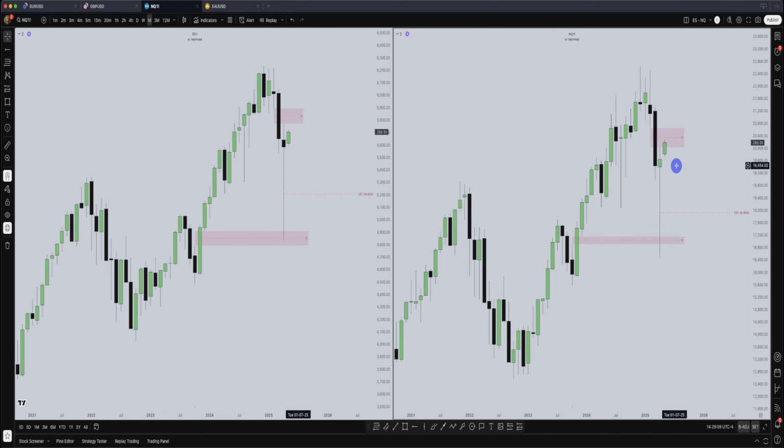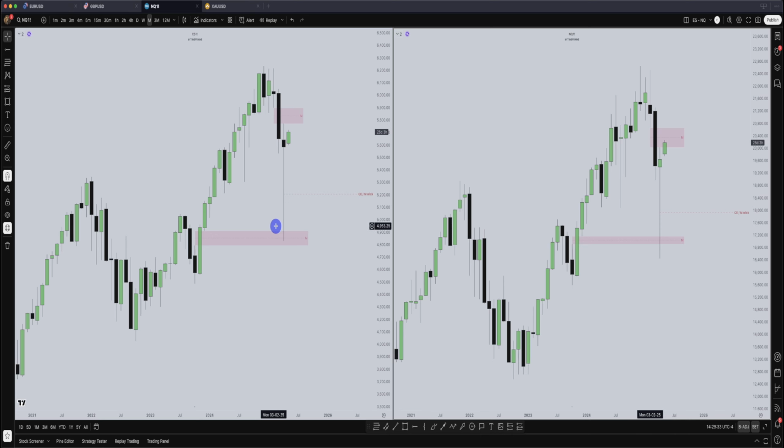So keep that in mind. And also this is a very important level. If you see these huge wicks, in this case a monthly wick, ICT recommends seeing it like an imbalance, like a fair value gap.